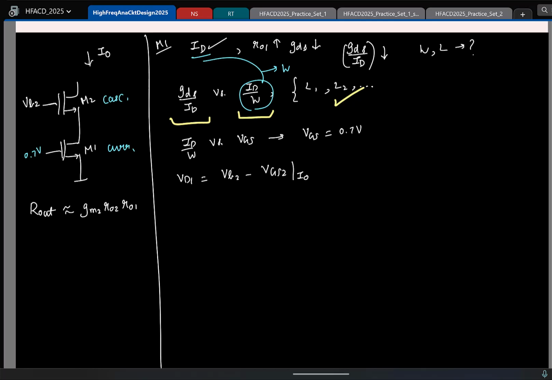So I need to make sure this is sufficiently large. So we have to choose these two based on our VD requirement. Let us say I choose my drain voltage to be roughly 0.6 volts, maybe, so it will be in saturation. So I have to choose these two so that this is 0.6.